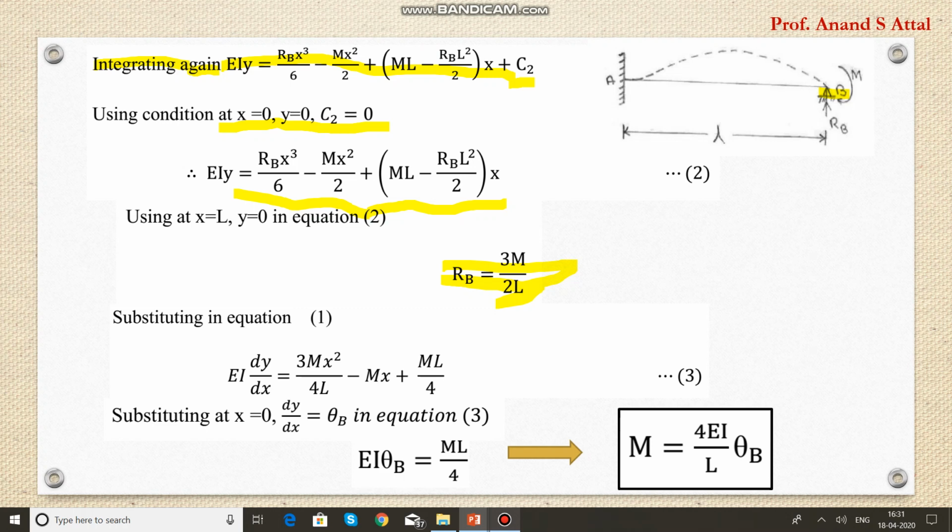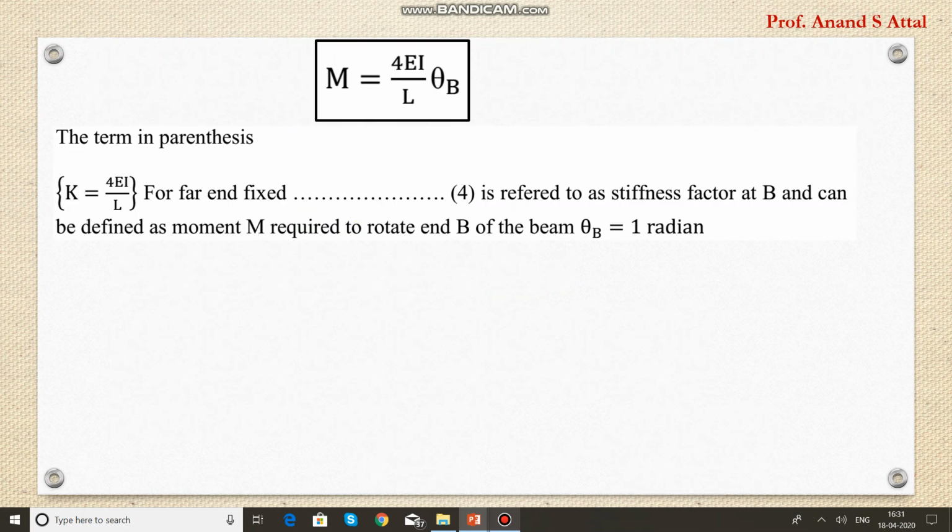So we get EI theta B = ML/4. Rearranging the terms, we get M = (4EI/L) theta B.